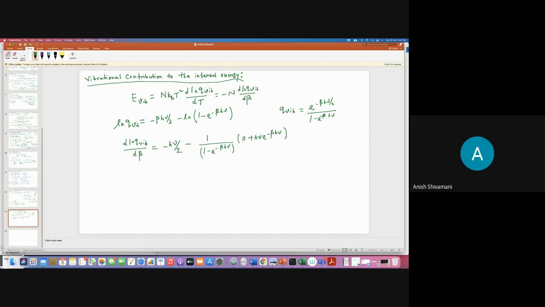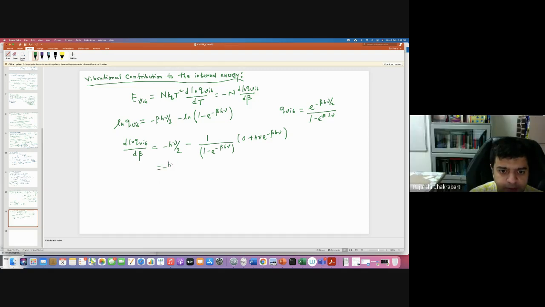So it is going to be minus h nu by 2 minus h nu e to the power minus beta h nu divided by 1 minus e to the minus beta h nu. But now I multiply this with minus 1 on both sides and multiply with N. So I'm going to get N h nu, like this is the expression, isn't it? Multiply it with minus N on both sides. And this has to be your vibrational energy.